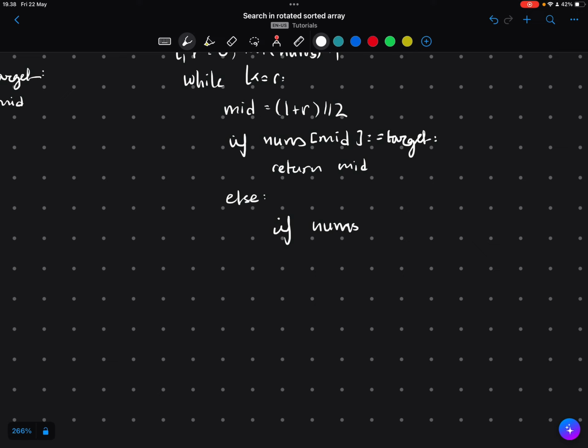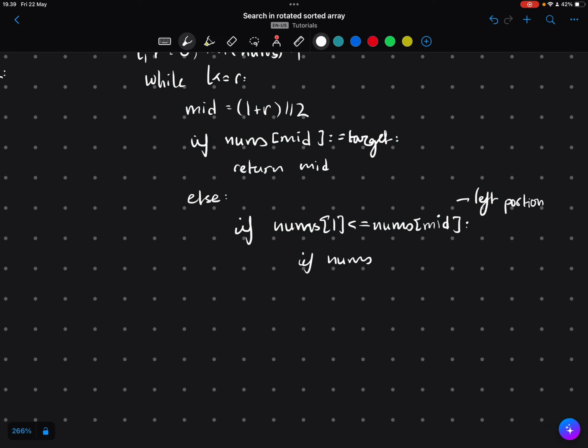But essentially, the way we check sorted, and we did this with the previous questions on a rotated sorted array as well, keep in mind that the elements are unique, in the sense that there will be no duplicates, so there's no flat point essentially. And like I said, if nums[L] is less than or equal to nums[mid], that means that portion of the array, the left portion, is sorted.